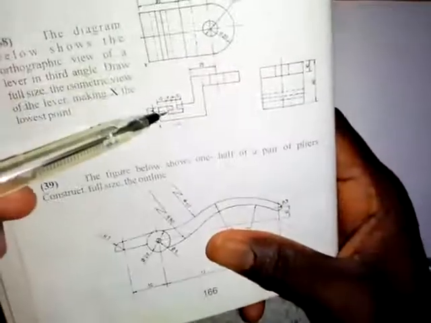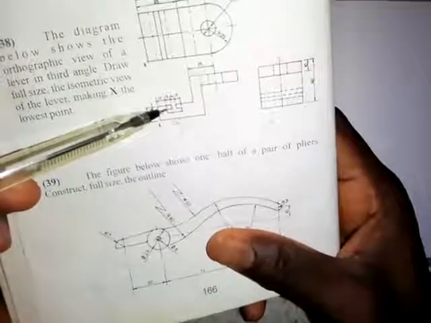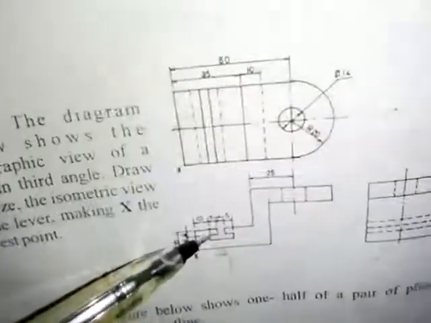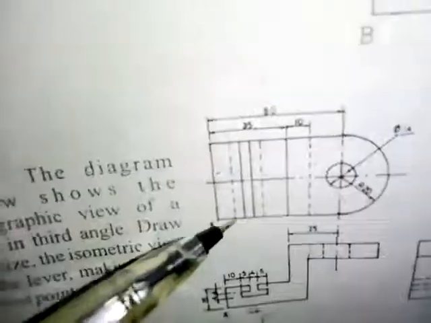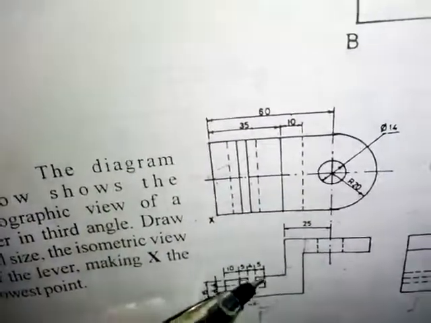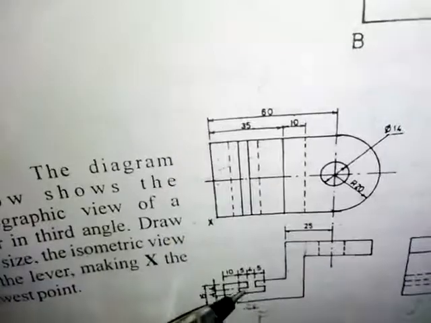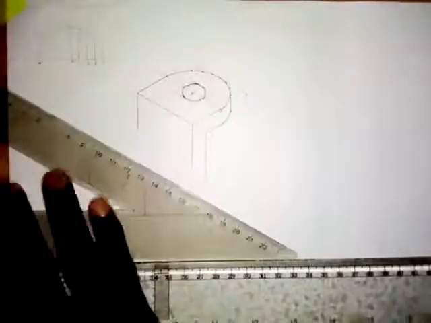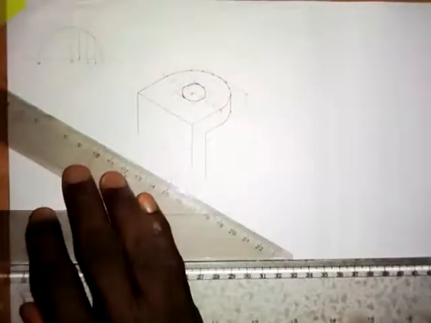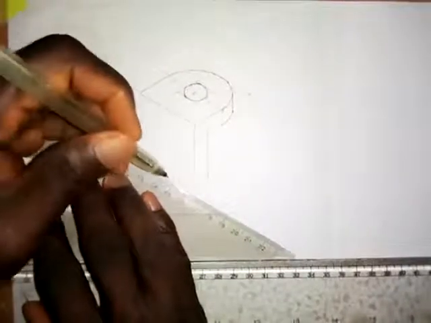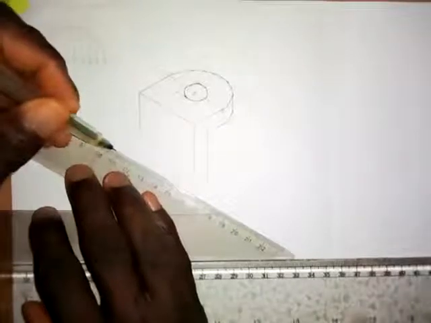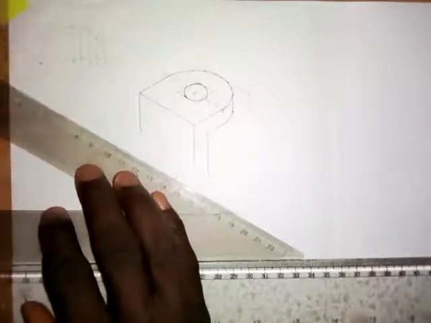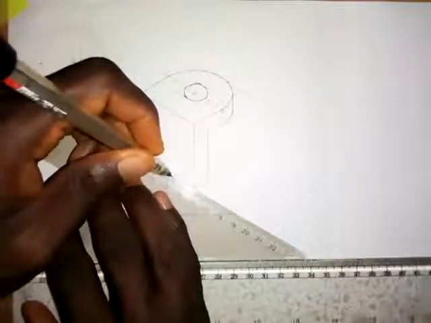Then if you look at what we have in the plan, this 0.5 that we have here is hidden as shown in the plan. This point is also hidden as shown in the plan. But this point and this point are seen on the plan. So this point here, I will transfer with thick continuous line. It goes backward, and this also goes backward.